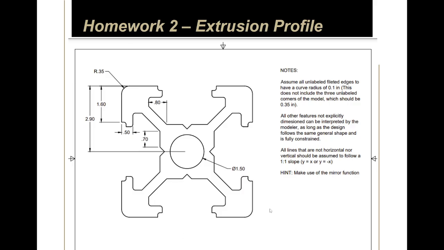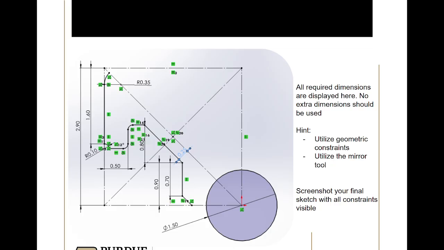So you should screenshot this. Make sure you screenshot your sketch open, because I want to see all the dimensions and the constraints you used. If you exit the sketch, I'm just going to see a profile, and sometimes it's blue, sometimes it's not. This is basically purely a sketching assignment, so I want you to master your sketches, and I want to see it.